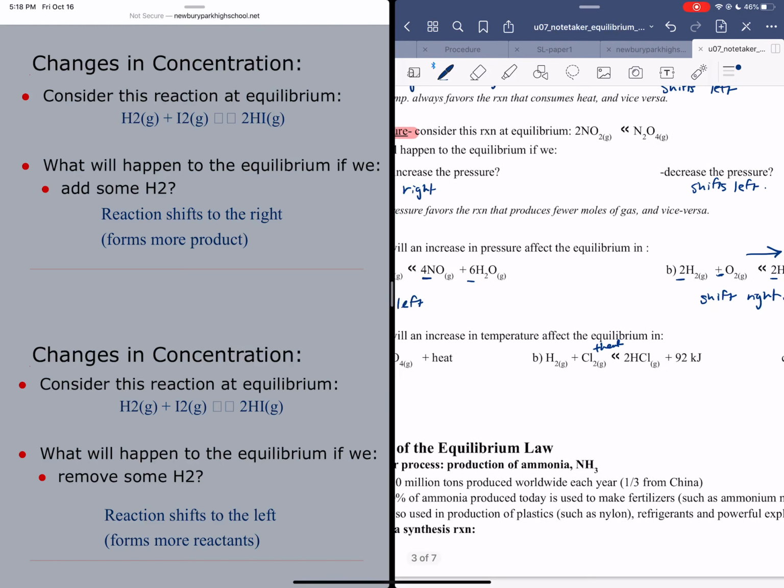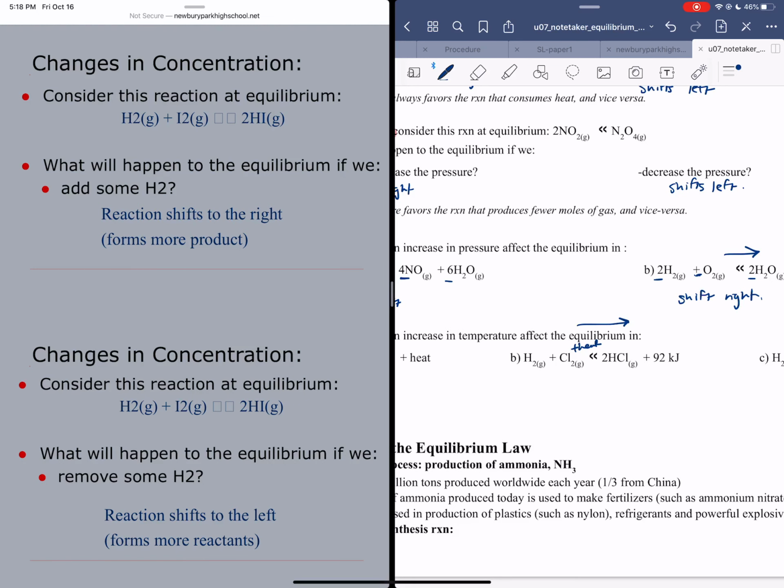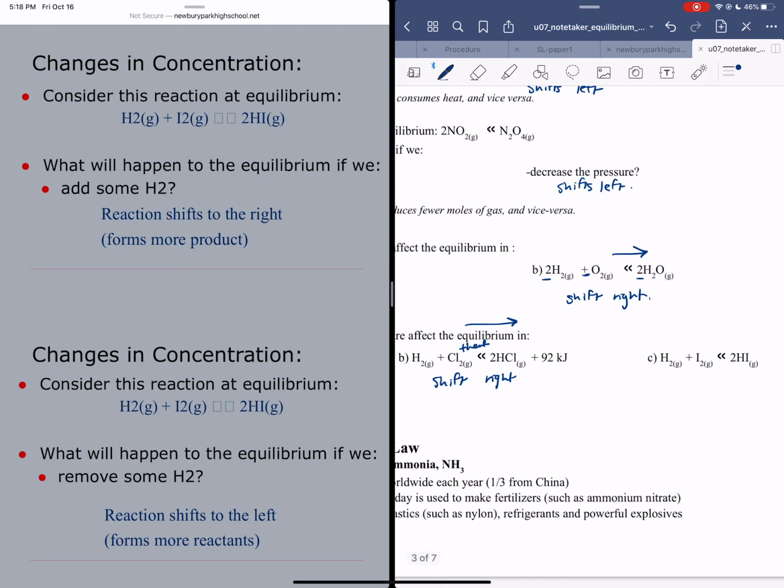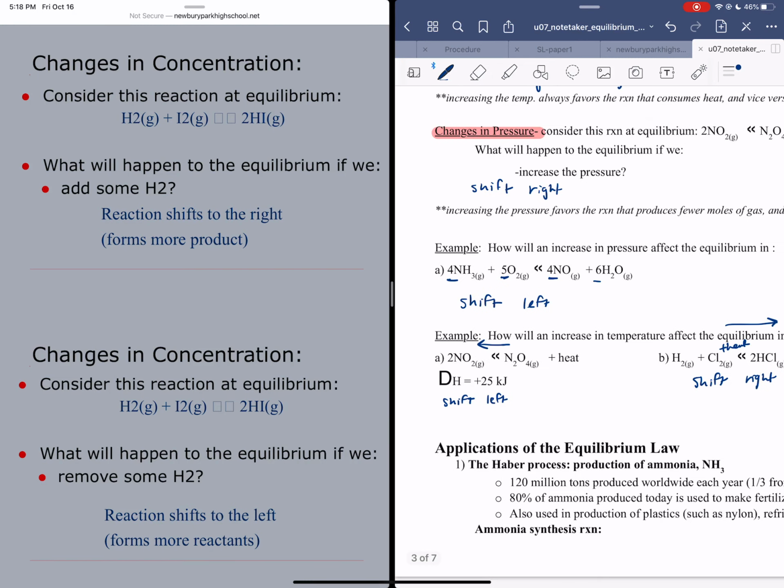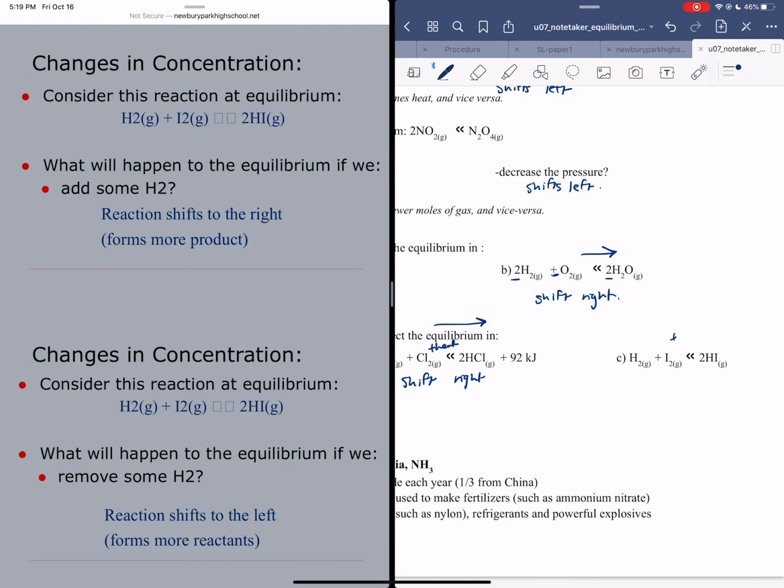So if we increase the temperature, we go opposite the heat. We want to get rid of it. So we shift right. This is endo, so heat is a reactant. We'll shift opposite to the heat, so we shift right again.